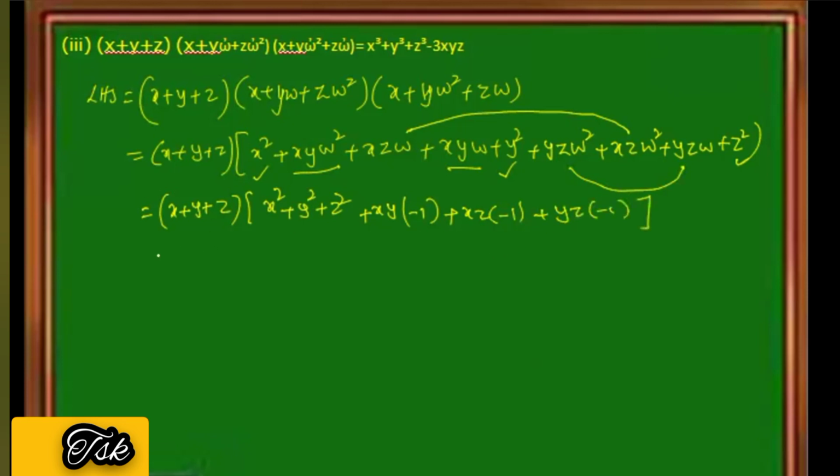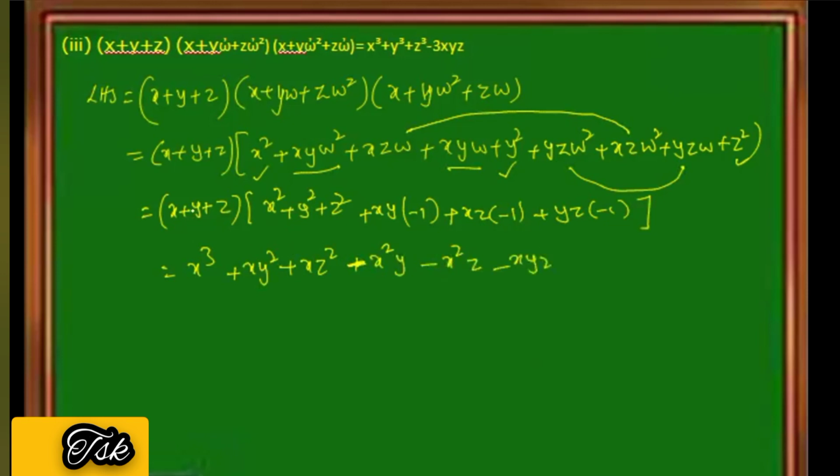So now when you multiply, x into x square is x cube, x into y square is xy square, x into z square is xz square. First 3 terms. Next 3 terms are minus x square y, minus x square z, minus xyz.